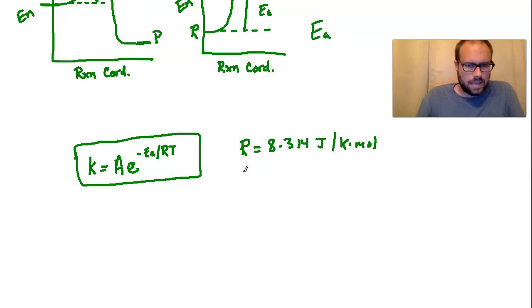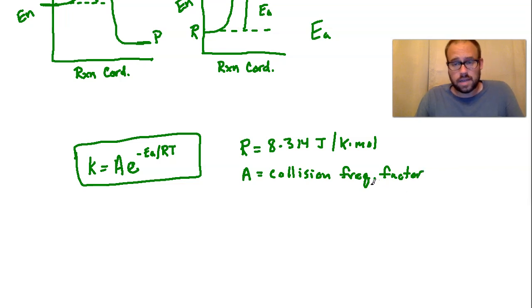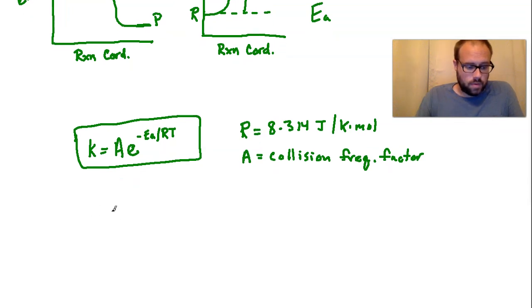And again, A is going to be what's known in this case as a collision frequency factor. In other words, how often are these molecules going to collide or come into contact with one another, because that will obviously be important in predicting the amount of energy required. If molecules are colliding more frequently in a certain setup, then the energy may not be as great as far as what's required there. So we need to see how often they're going to be colliding.